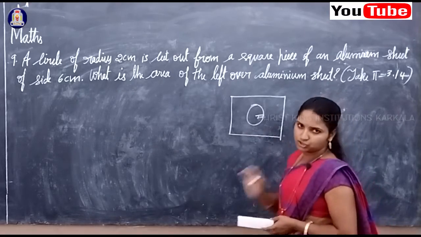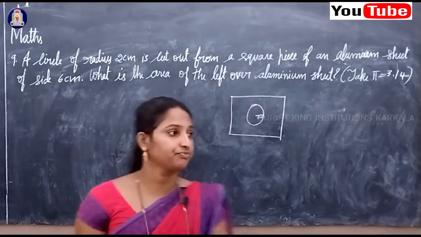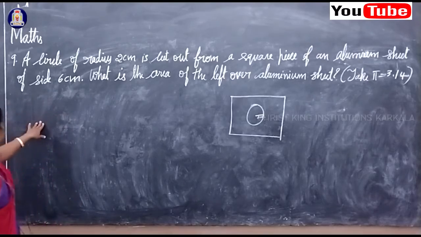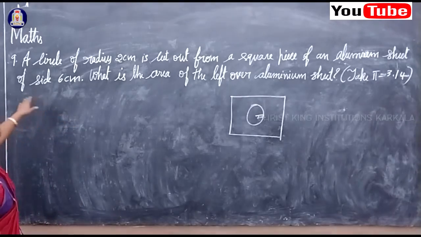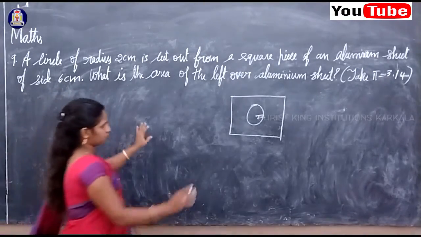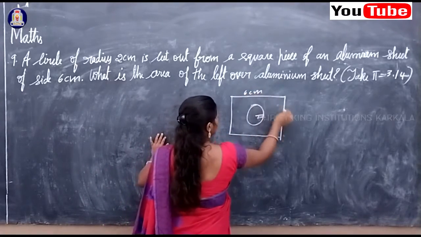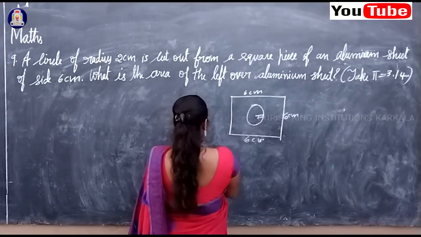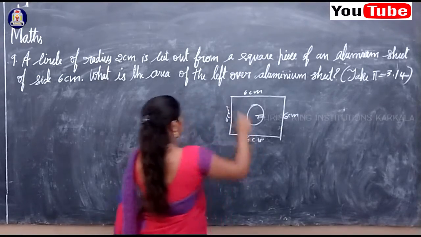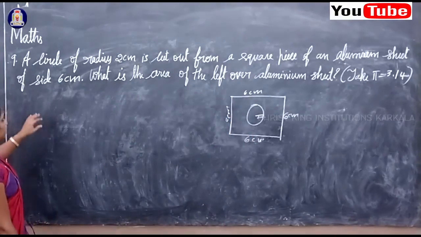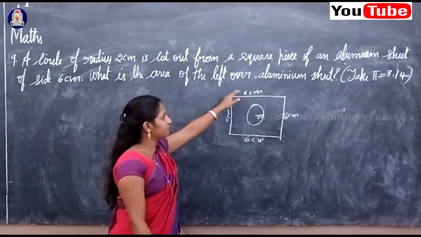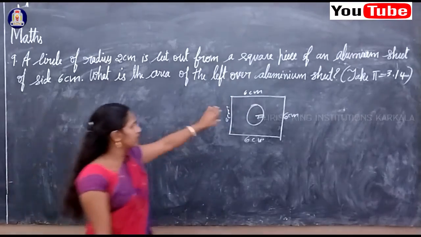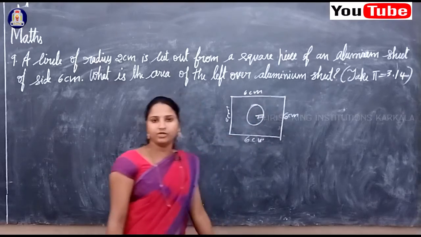The side of the aluminium sheet is given as 6 centimeters, and this side is also 6 centimeters. Now what we have to find is the area left over of the aluminium sheet.